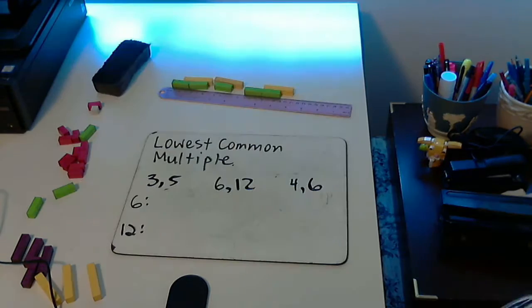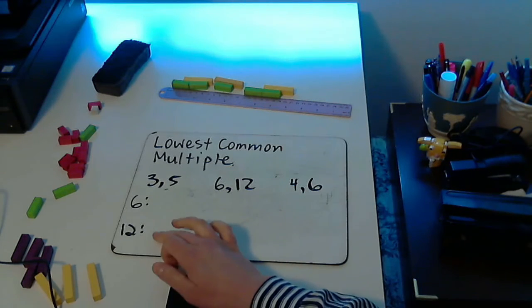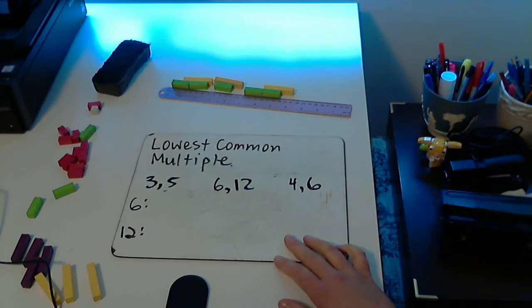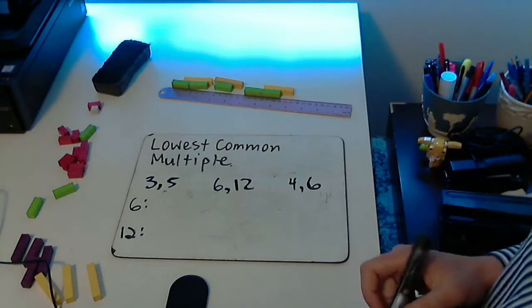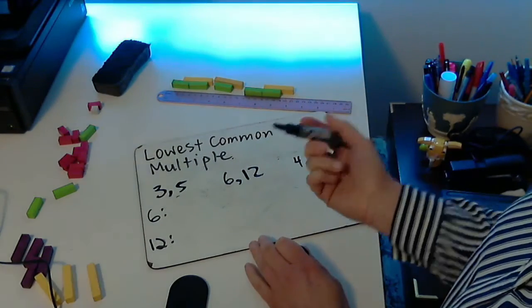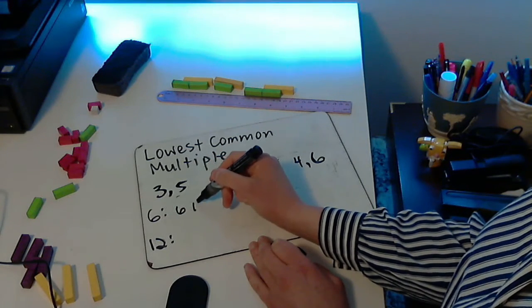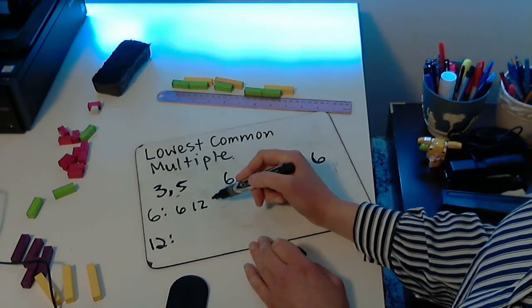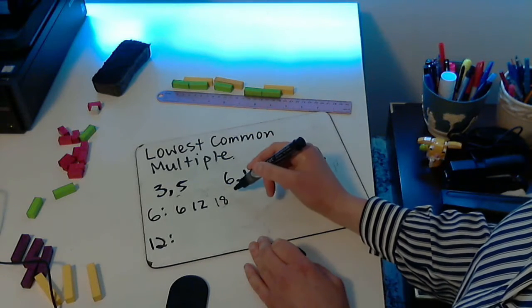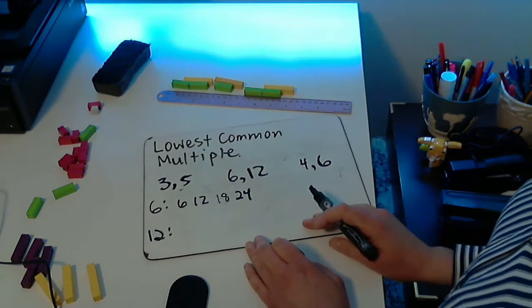Let's try 6 and 12. In this example of 6 and 12, I'm going to write out the multiples of 6 and the multiples of 12, and I will stop when I get to a number that is common to both of them. So multiples of 6, start with 6 times 1. 6, 12, 6 times 3 is 18, 6 times 4 is 24, and I will stop there.